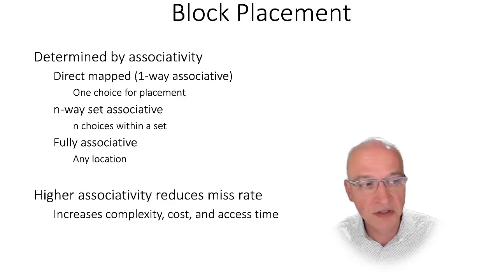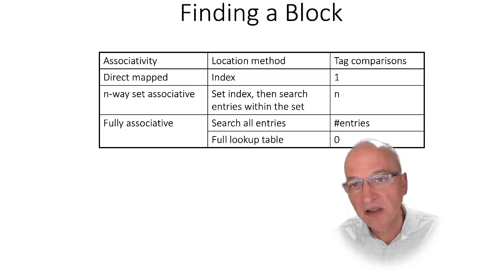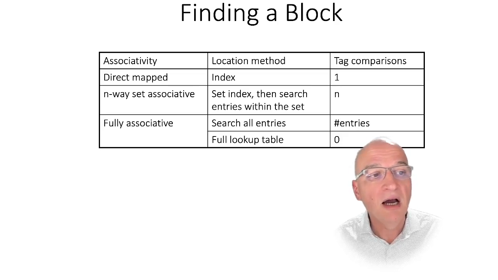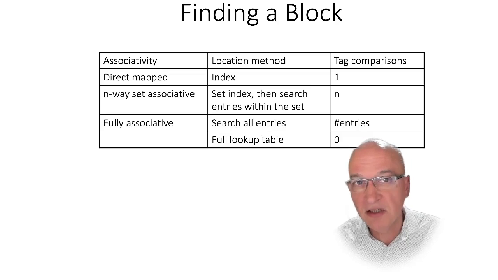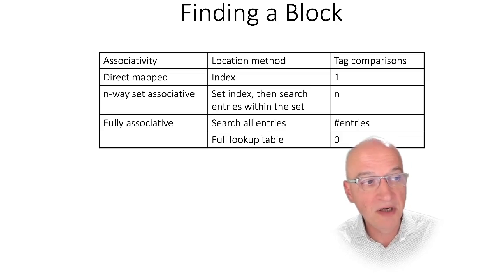So to find a block, depending on the associativity, if I have a direct mapped layer, the location method will be the index. There will be only one tag comparison. With an n-way set associative cache, I'm going to use an index to find the set, and then I'm going to search the entries in the set, and there will be n tag comparisons.